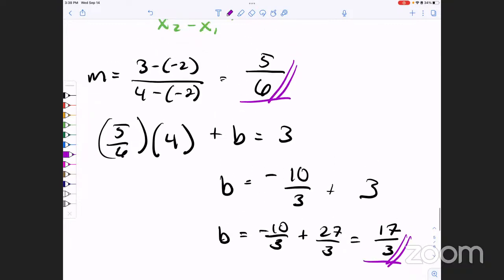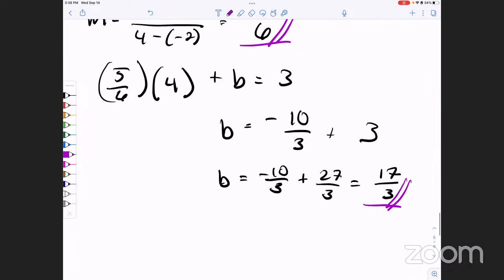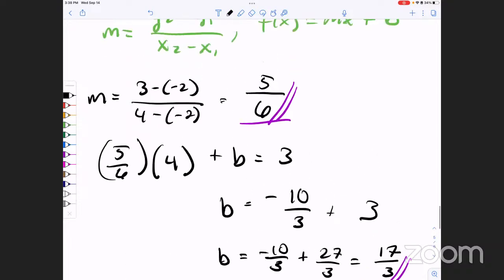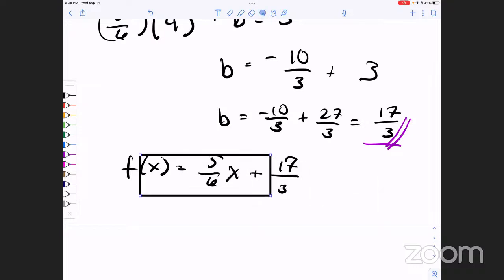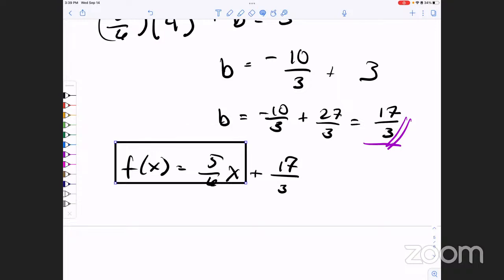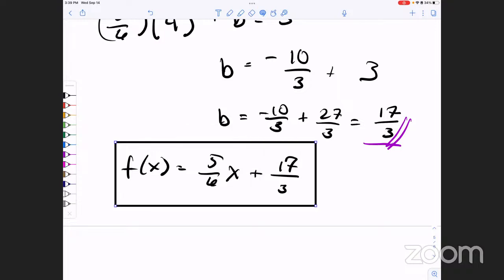So we're getting that our linear function is 5 over 6 x plus 17 over 3. Okay. And then we just want to check and make sure that the original piece of information works in here.